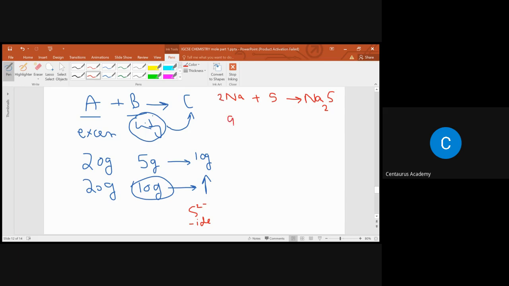Supposing I say that 9.2 grams of sodium reacts with 8 grams of sulfur to produce sodium sulfide. Now you have to tell which reactant is the excess reactant, and which one is the limiting reactant. How are you going to know? We are going to first find out the number of moles of both of these reactants. How do we find out the number of moles of sodium and sulfur here?